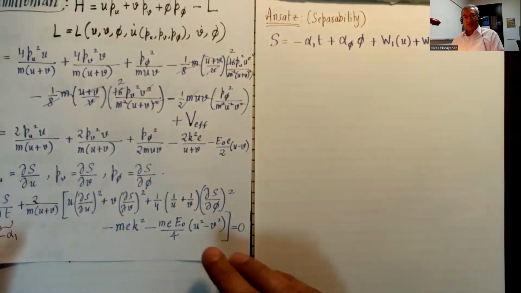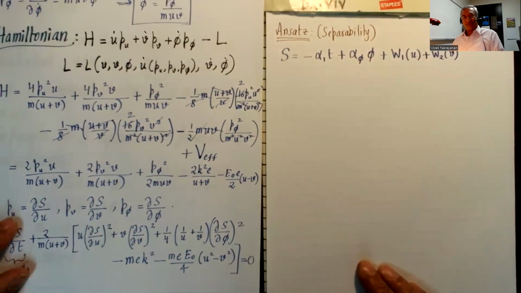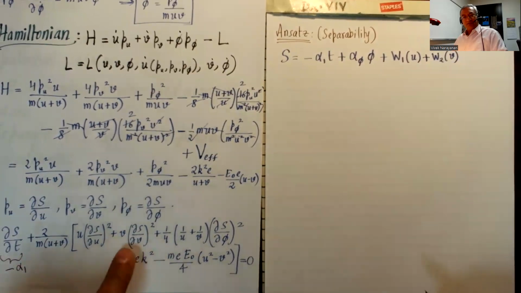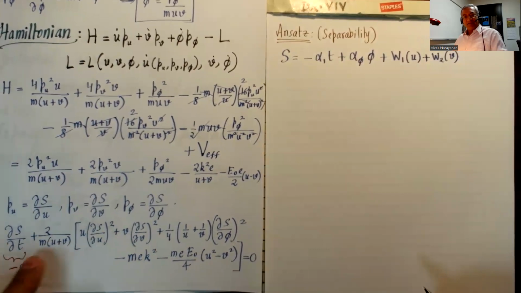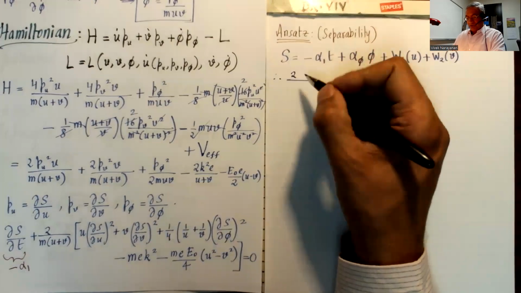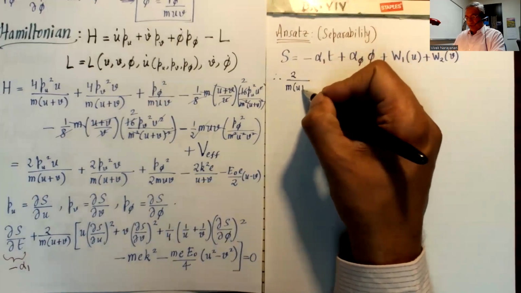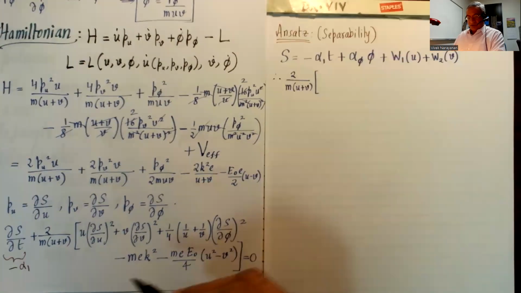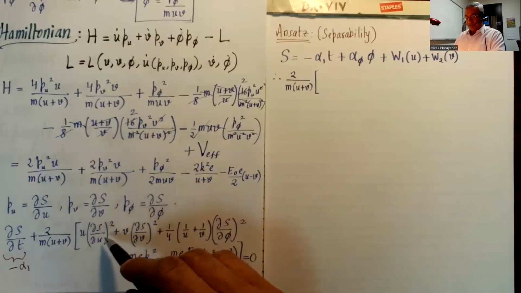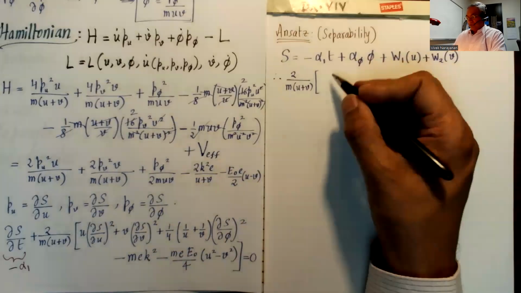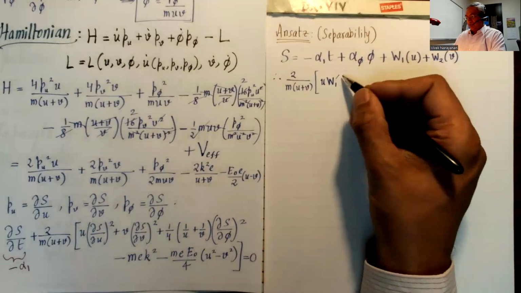All right, so let us work this. Our Hamilton-Jacobi equation, which is this thing, I'll transfer the alpha 1 to the right side. So I'll end up getting, therefore, 2 over m times u plus v, u times, when I take the partial derivative of s with respect to u, I will only involve the function w1. So it's u times w1 prime squared.